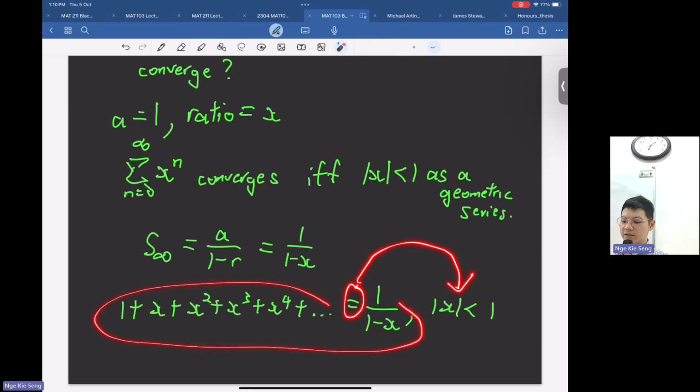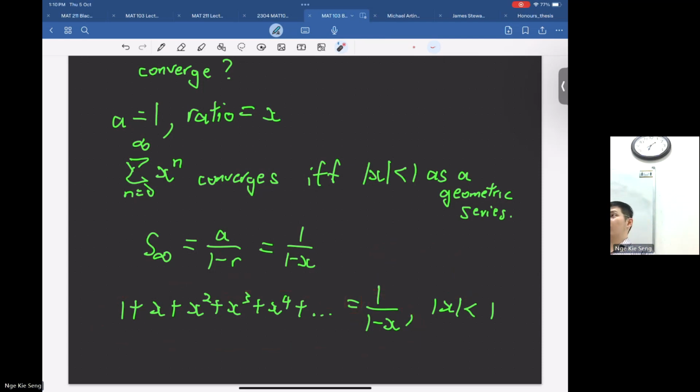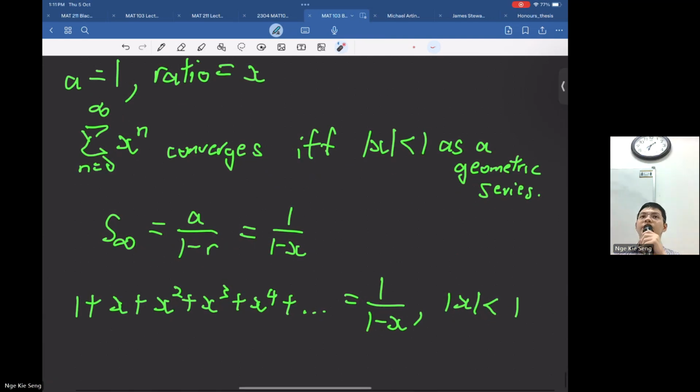In particular, when is it not true? When x equals 1. When x equals 1, what happens? The sum of 1 diverges.